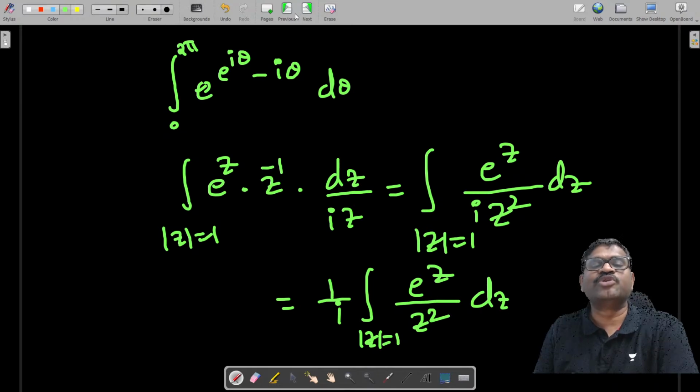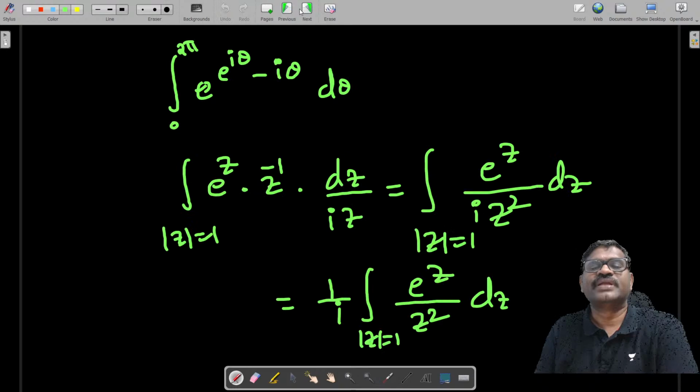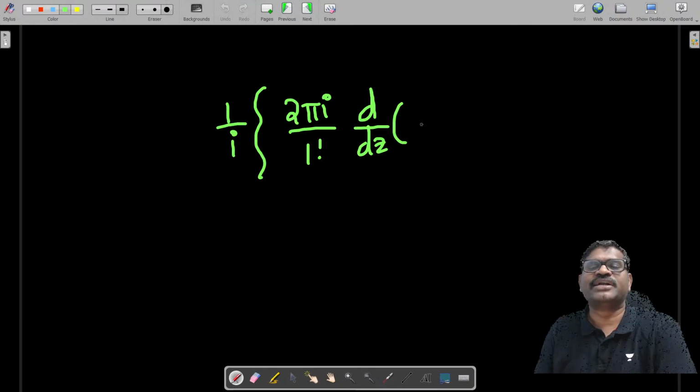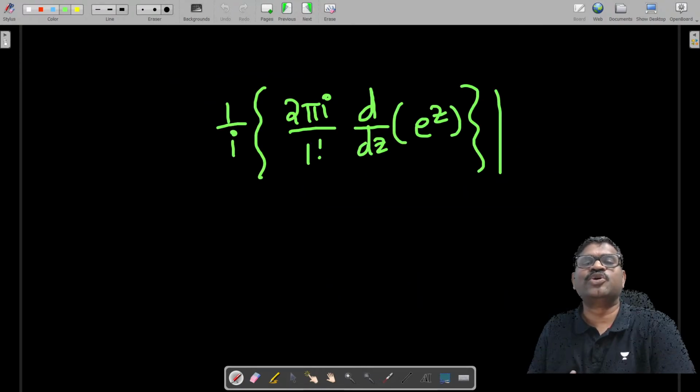So I am going to apply the integral formula: 1 by i into 2 pi i by 1 factorial, d by dz of f, that is e power z, at z equal to 0.